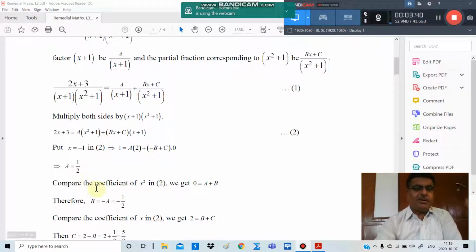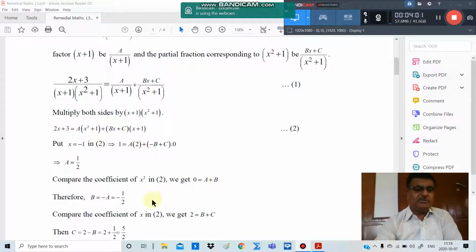Now compare the coefficients of x square in equation 2 from both sides. We get 0 equal to, because there is no term containing x square on the left hand side, 0 equal to a plus b. This is the coefficient of x square.